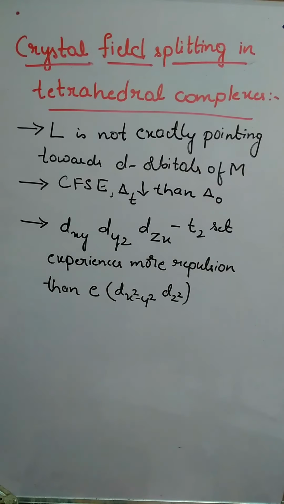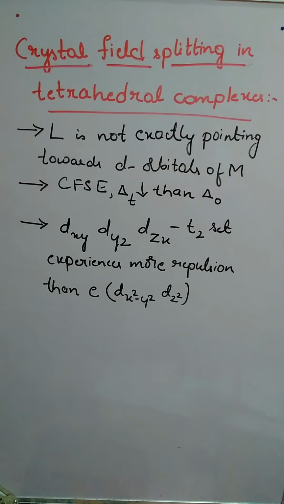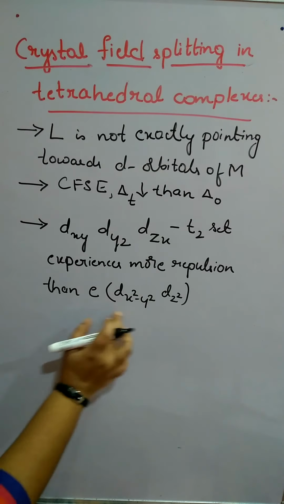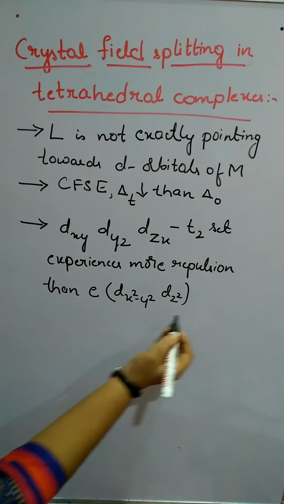They are close pointing, not exactly, towards the ligands, so the T2 set experiences more repulsion than the E set, which is lying in between the ligands. This is the important point, and what is going to happen we shall see in the diagram.